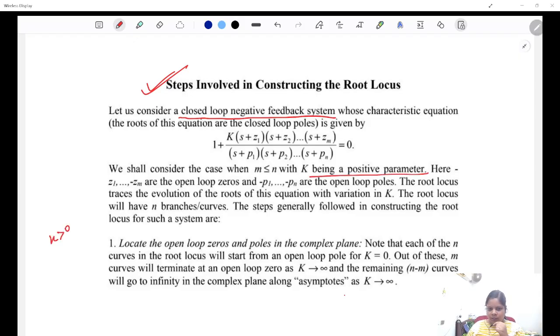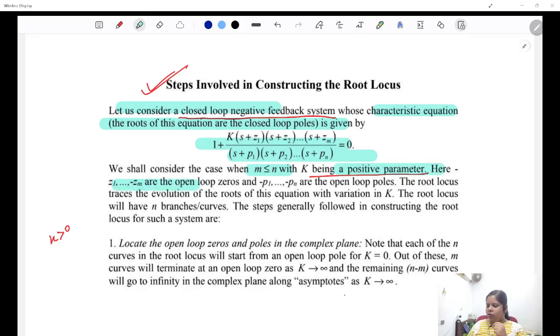So let us consider a closed loop negative feedback system whose characteristic equation is given by 1 plus k into a(s) upon b(s). We consider the case of a causal system with k being a positive parameter.